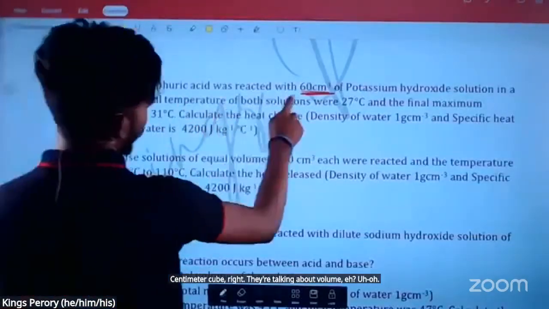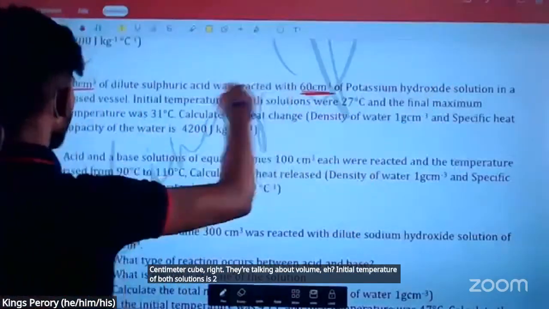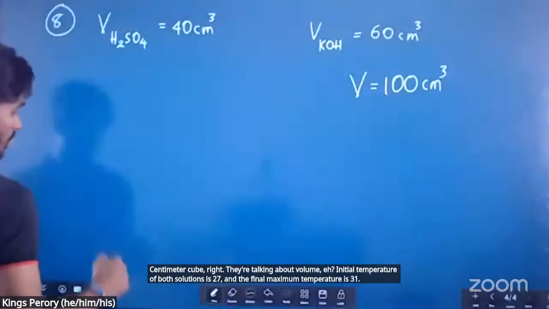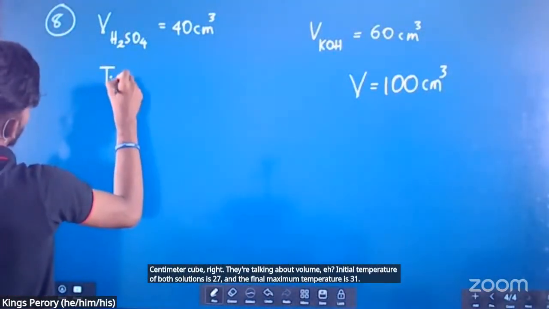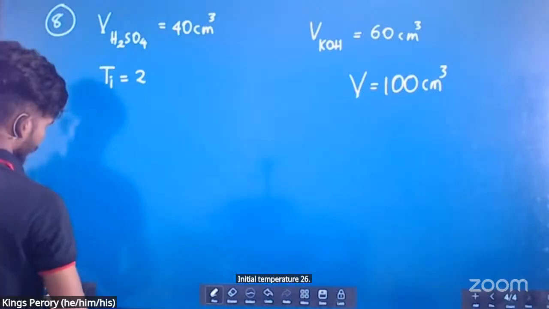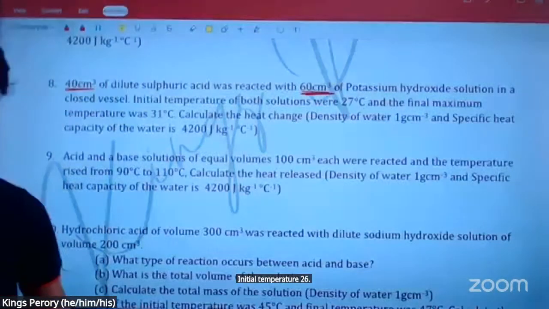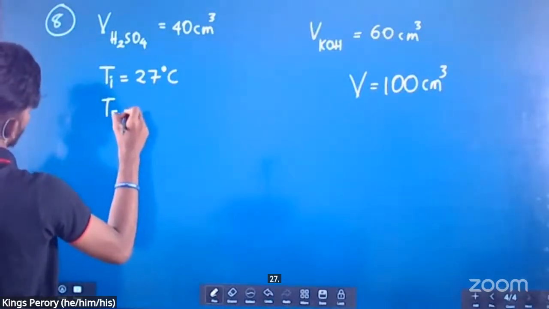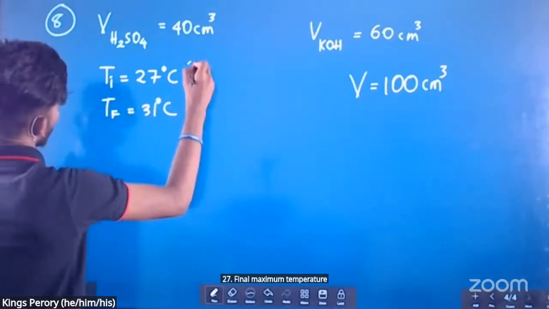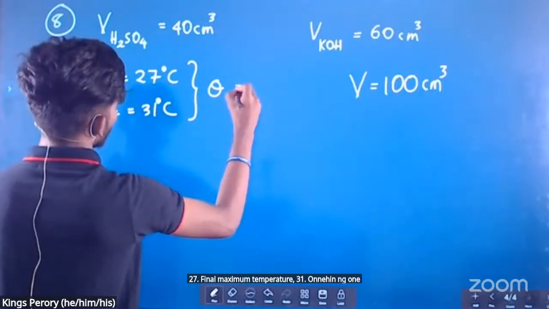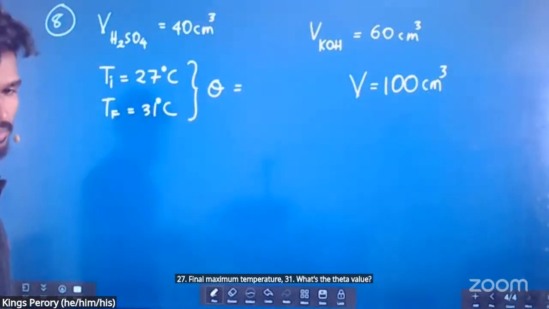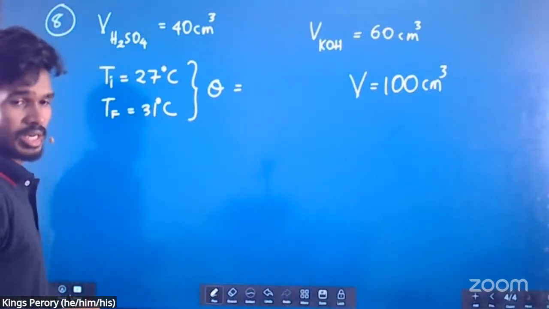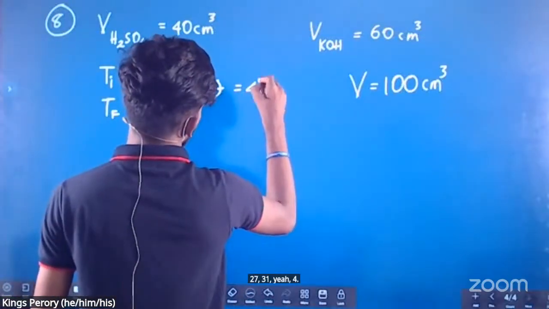Initial temperature of both solutions is 27 and the final maximum temperature is 31. So what's the theta value? 31 minus 27 is 4 degrees Celsius, right?